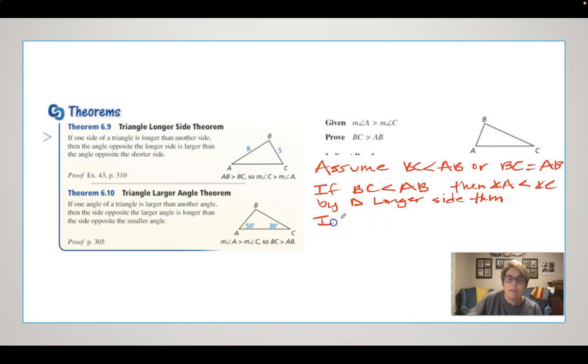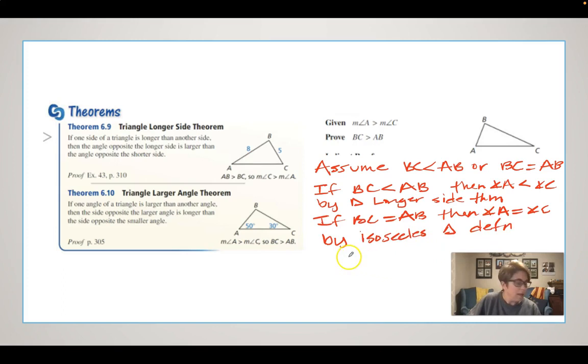If BC is equal to AB, then angle A is equal to angle C. And when I say that, we're talking about its measure. And that one is by the converse, or no, I'm sorry, it's isosceles triangle definition.